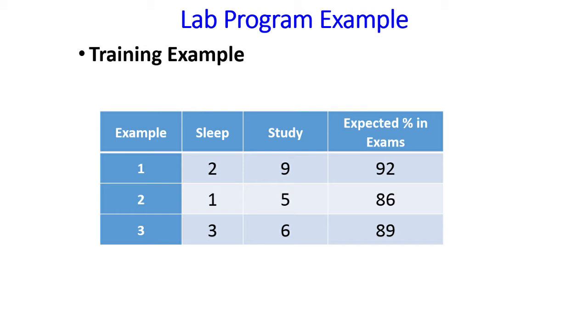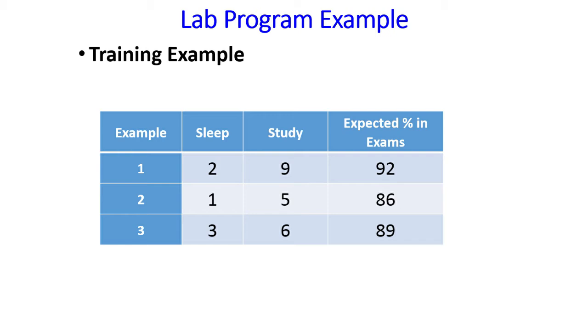The example consists of two attribute values. One is sleep, second one is study. This training example shows that if a student sleeps for a particular number of hours and studies for a particular number of hours, what is the expected percentage in examination?